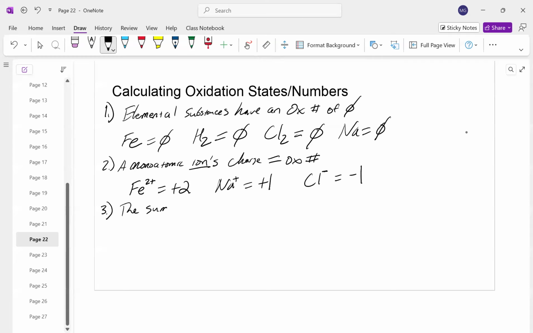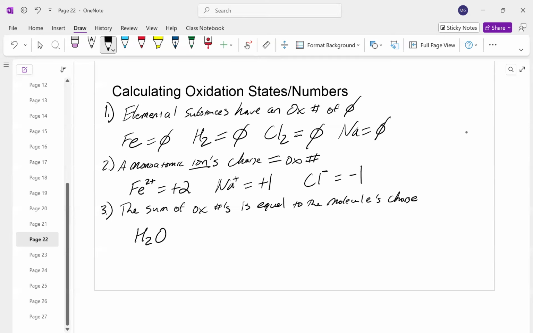Number three, the sum of oxidation numbers is equal to the molecule's charge. So for example, let's look at water. Notice the charge on water is 0. That's a neutral molecule.